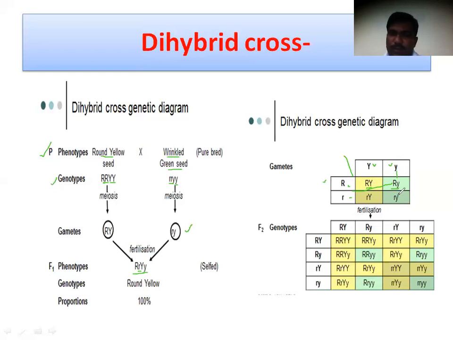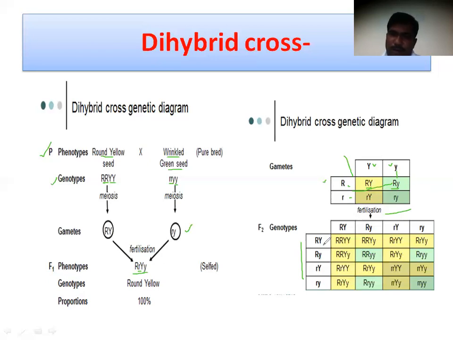Then these four types of gametes fuse together to form 16 individuals. The probability of these individuals is shown by using the Punnett square checkerboard. So here is the checkerboard. In a checkerboard, we write the male gametes and female gametes at one end. Suppose these are the male gametes and these are the female gametes at the other end.